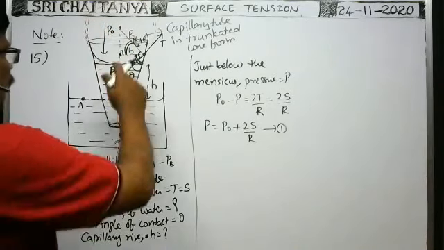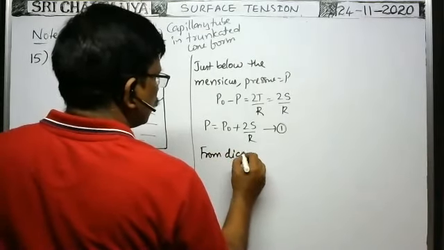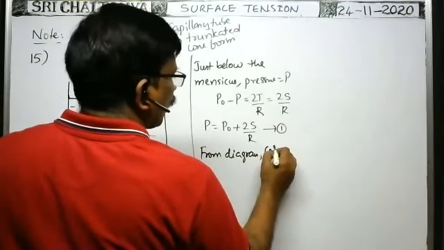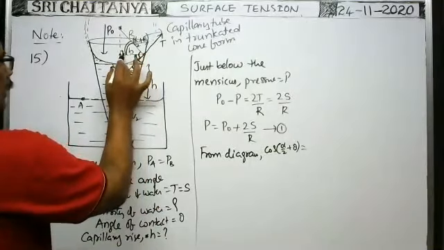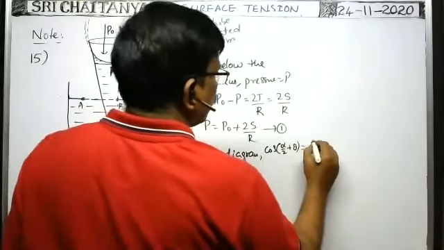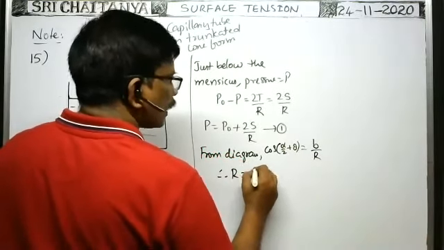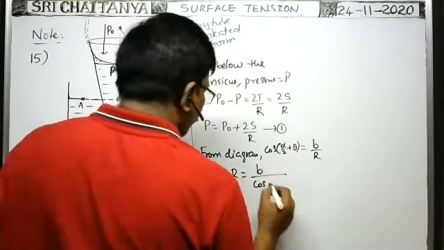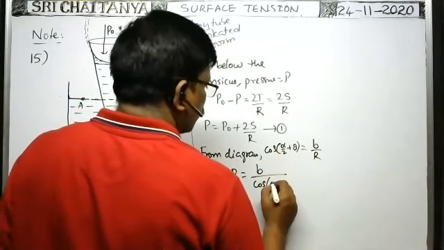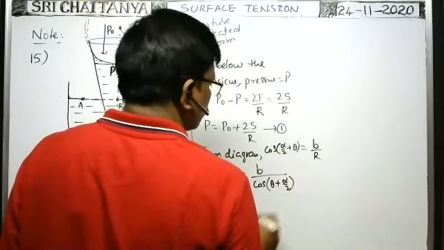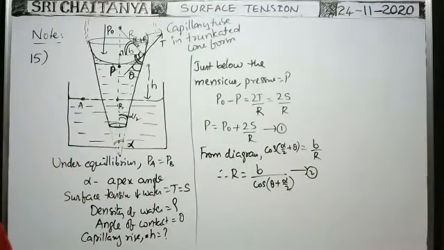From the diagram, cos of alpha by 2 plus theta is equal to adjacent by hypotenuse, that means B by capital R. From this, R is equal to B by cos of theta plus alpha by 2. This is equation 2. So from this, 1 by R is known.